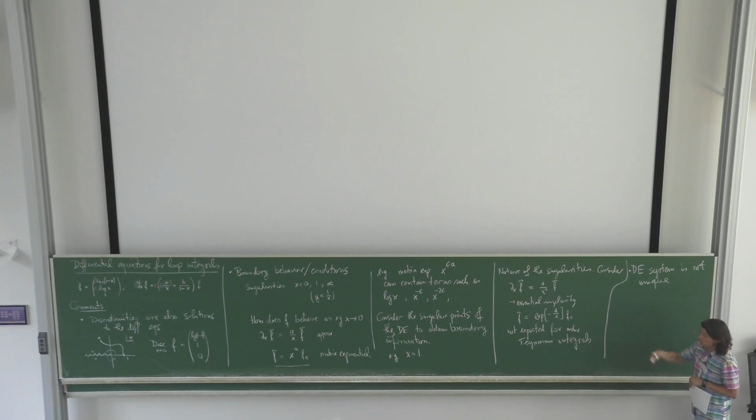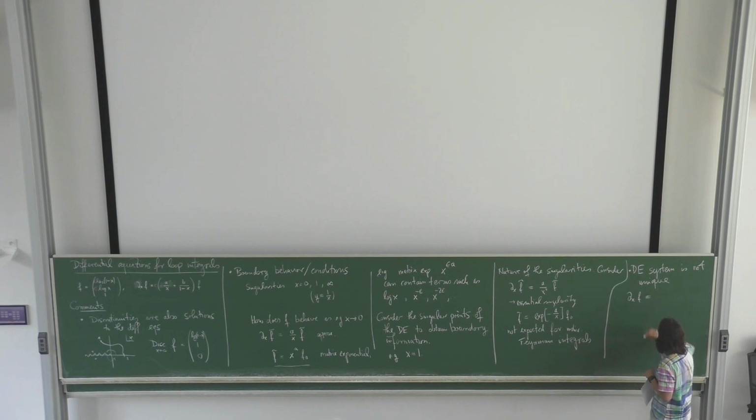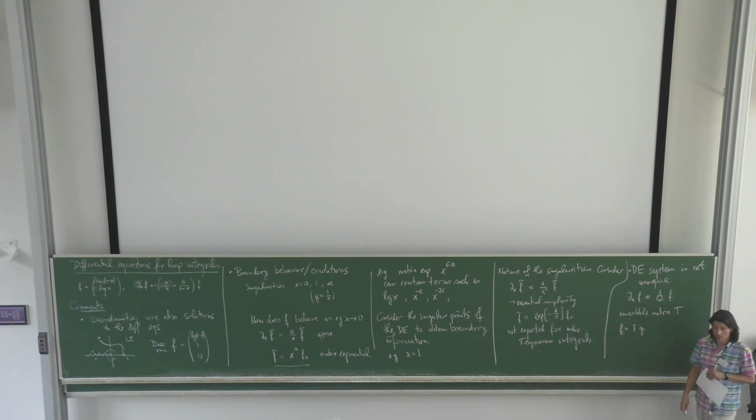So what does that mean? Let's say we have this equation over there, and let me write it in a bit more general form. Let's say we have this form where capital A is some matrix which depends on x, and F is some vector. Now consider some invertible matrix, the matrix T. Then we could define F to be T times G, where G is some new vector that we define in this way.